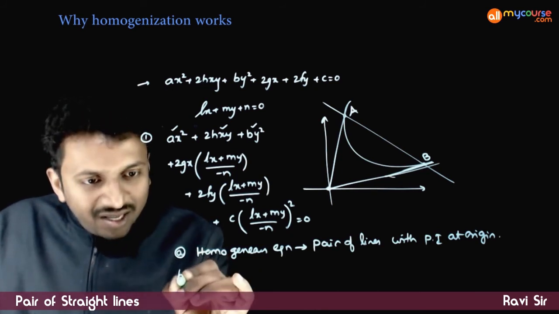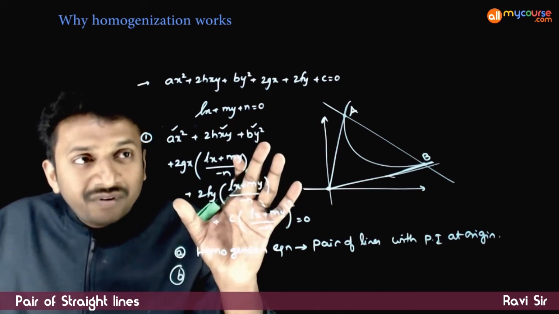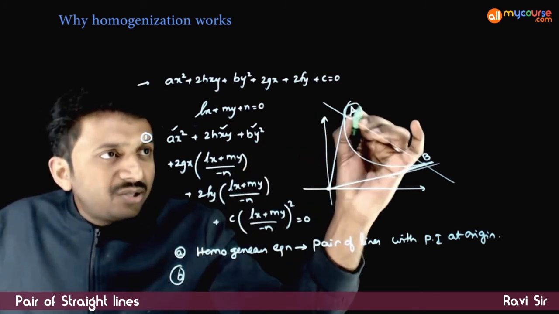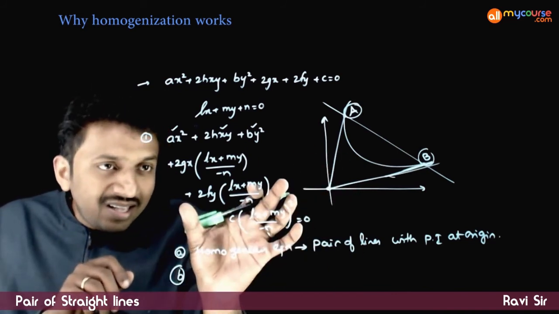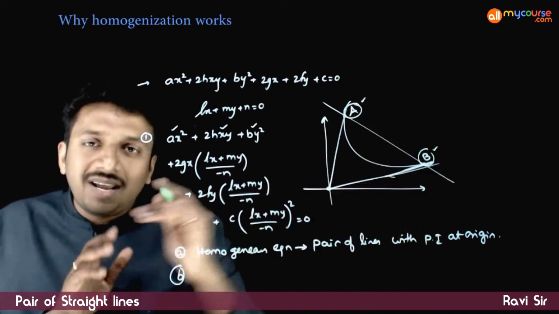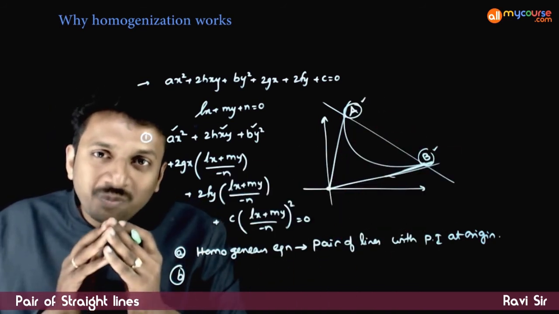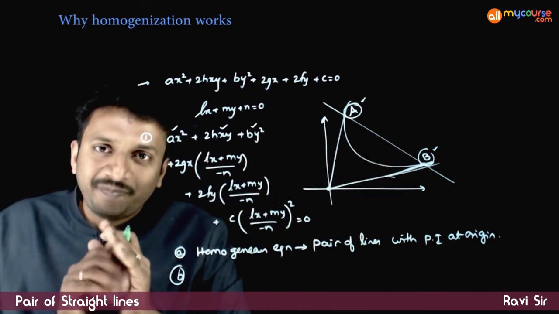Now the second point is, does this pair of lines pass through these 2 points? If I can prove that this equation gets satisfied by these 2 points A and B, does it prove that this pair of lines is this pair of lines? Yes.